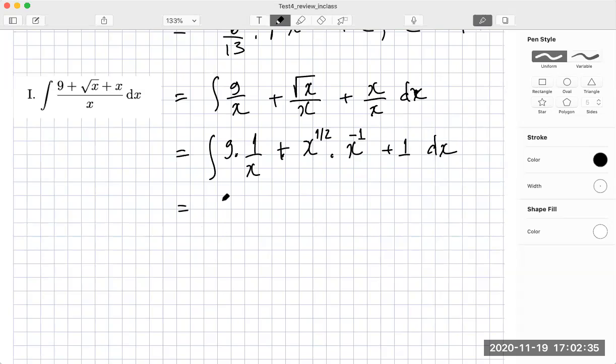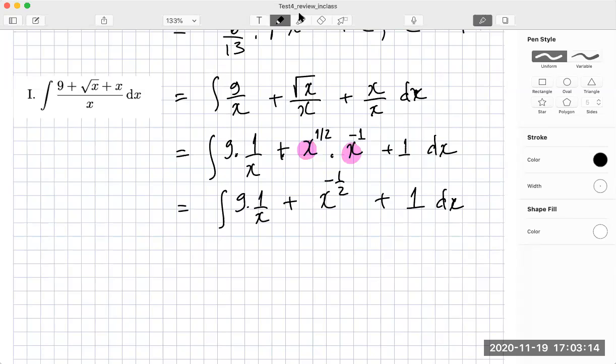Let us simplify it first. Now, x to the 1/2 times x to the negative 1: they have the same base, so we add the powers together. Negative 1/2. Very good. So now it's easy.